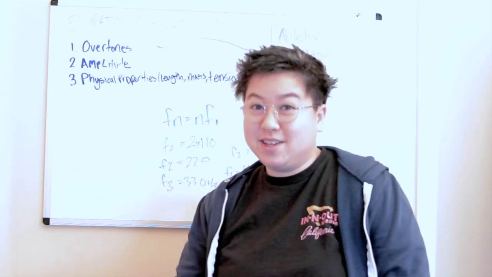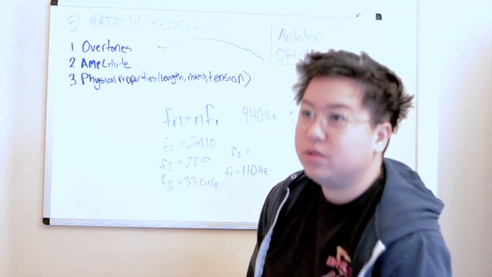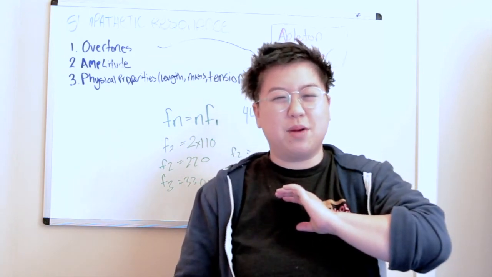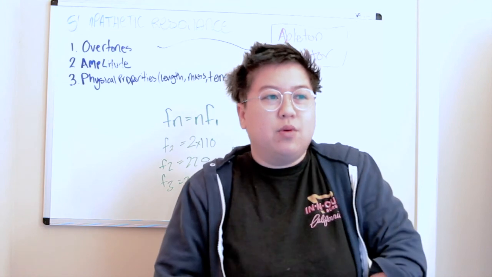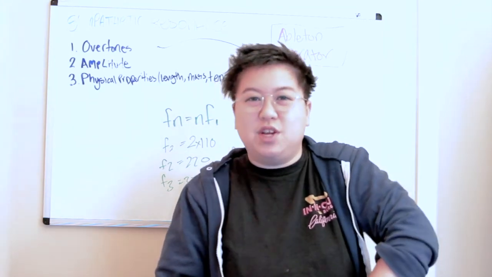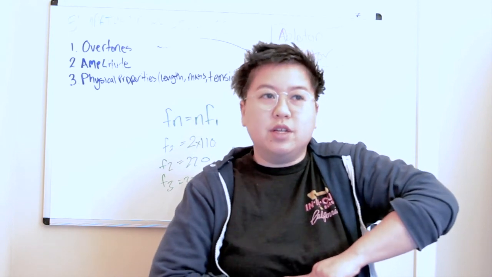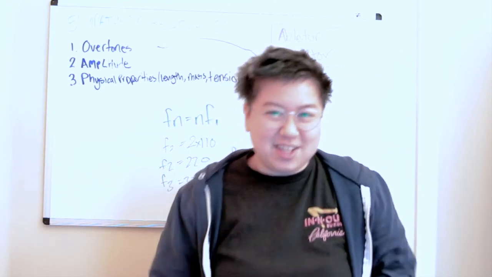Anyways, next episode, I'm going to talk about more of how tuning works with different physical properties of things and amplitude, like wind instruments, and how length, tension, and mass are all contributors to how a thing vibrates. Until next time.